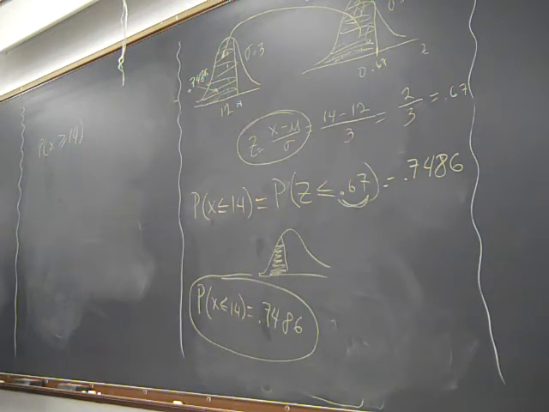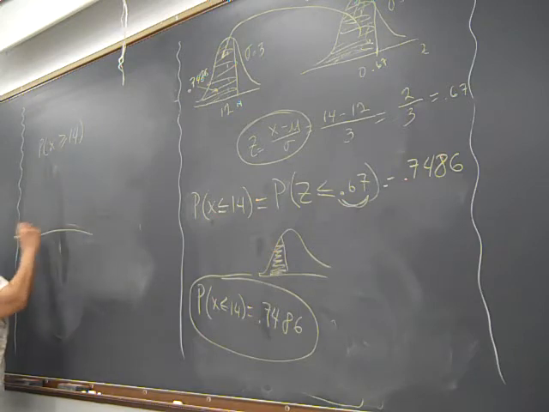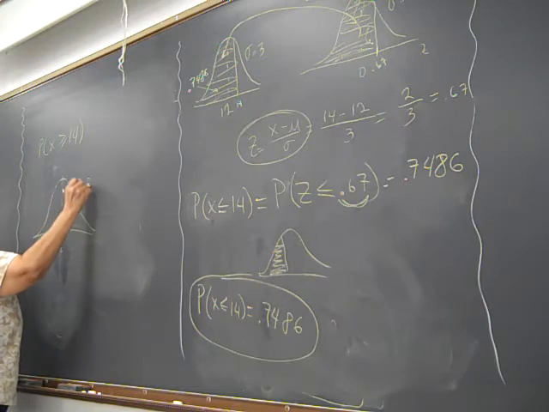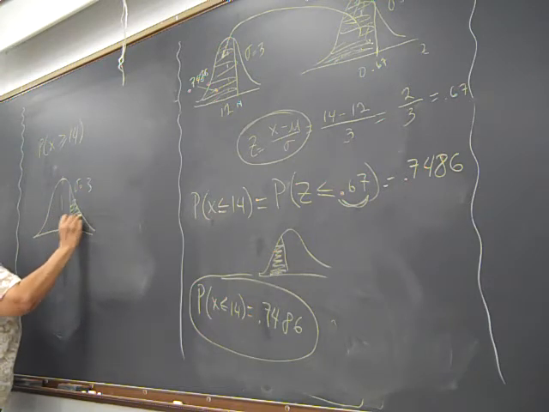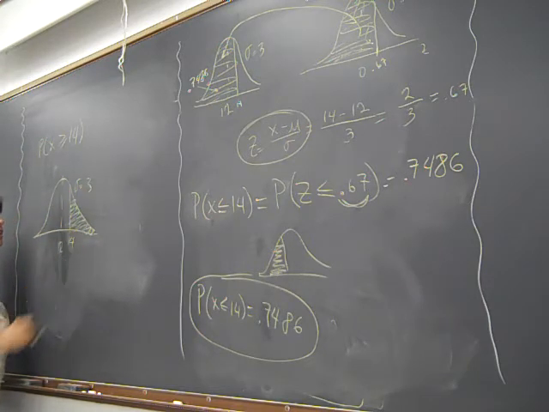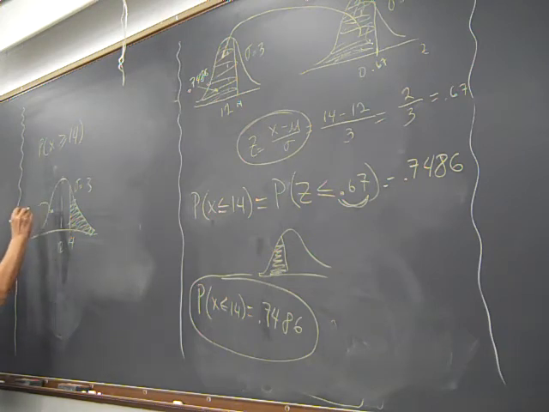Now, what is the probability that X is greater or equal than 14? I'm looking for the right side. If this is the distribution and sigma is equal to 3, what is the probability that the call will last more than 14 minutes? How do you do that? The whole thing is equal to 1, and I know that this part is equal to 0.7486.